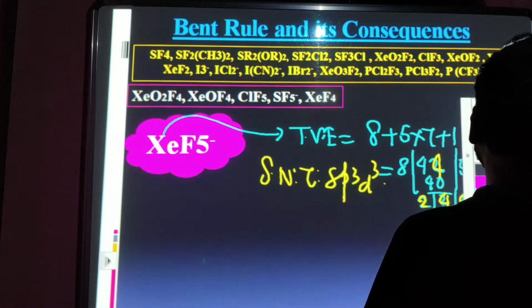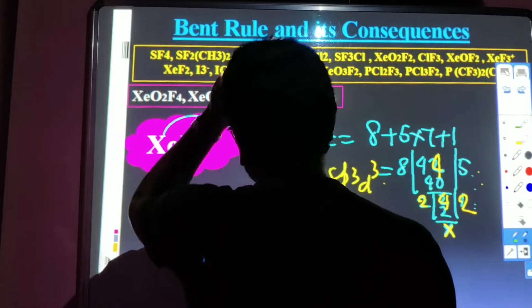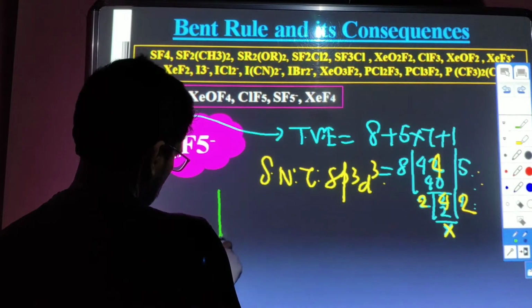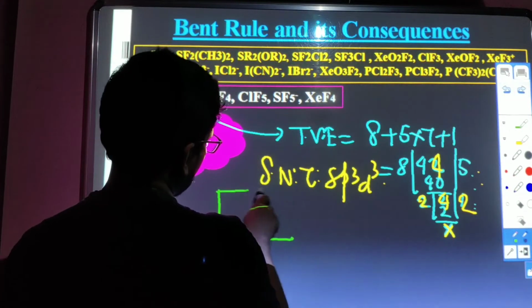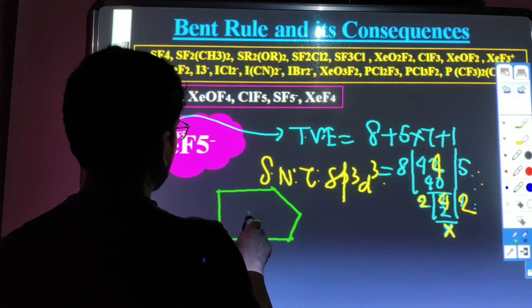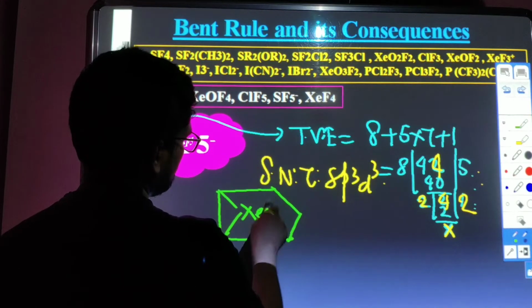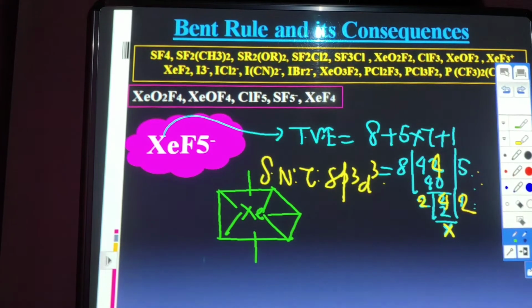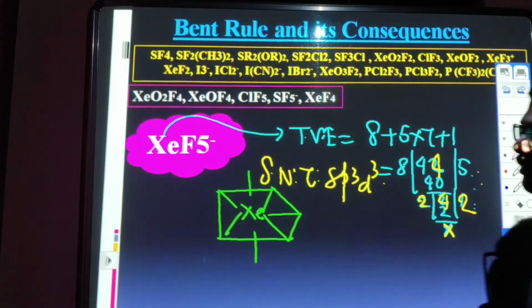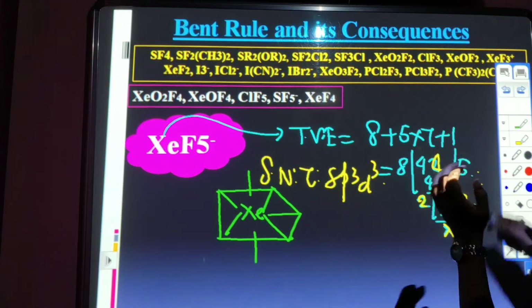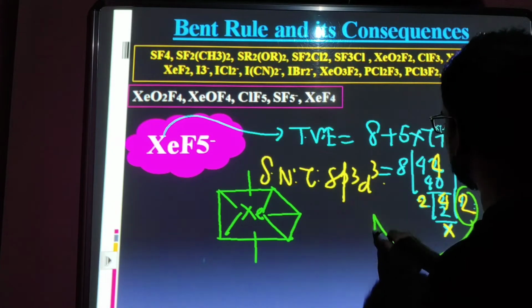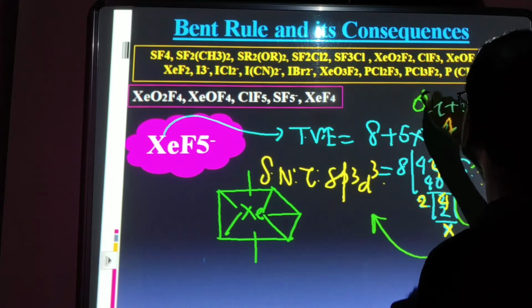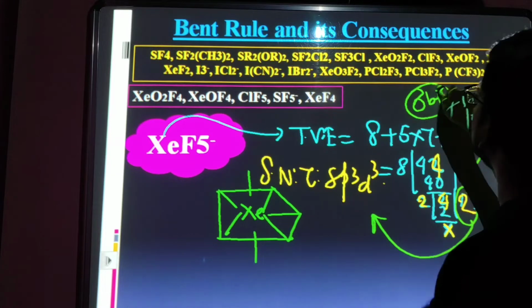Geometry will be pentagonal bipyramidal. Okay. Write Xe here. Again the question: I have to put the lone pairs of electrons, and I have to put these sigma bond pairs, means fluorine atoms.